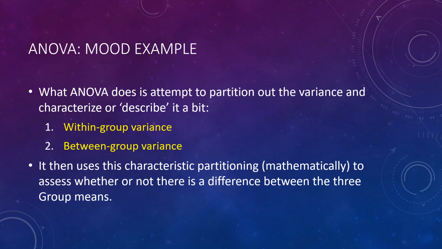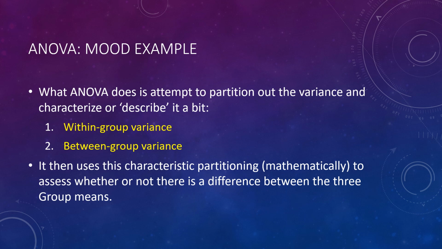Let's describe this partitioning of variance a little bit more. There are two different types of variance that we deal with in ANOVA, which is kind of nice. There's only two. The first one is what we call within group variance. I always look at the terms themselves to give me clues as to what they're trying to describe.